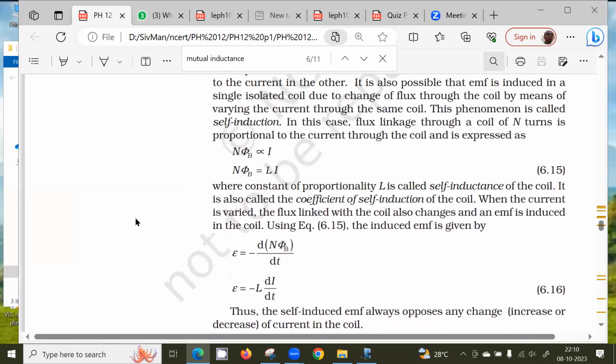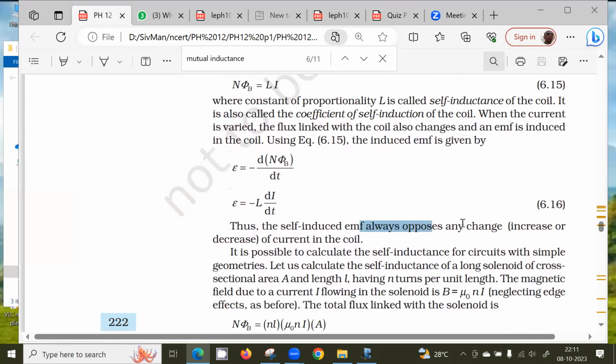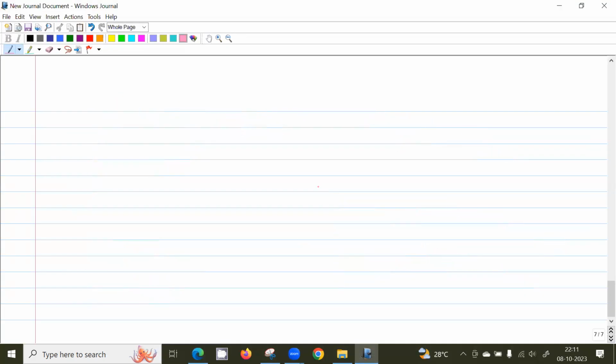This is consistent with Lenz's law, because there is only one coil and the current is induced in such a direction that it will oppose the change which is happening to it. See, suppose there is a coil like this, and this is the current. Because of this current, there will be a flux produced, which is linking the same coil.